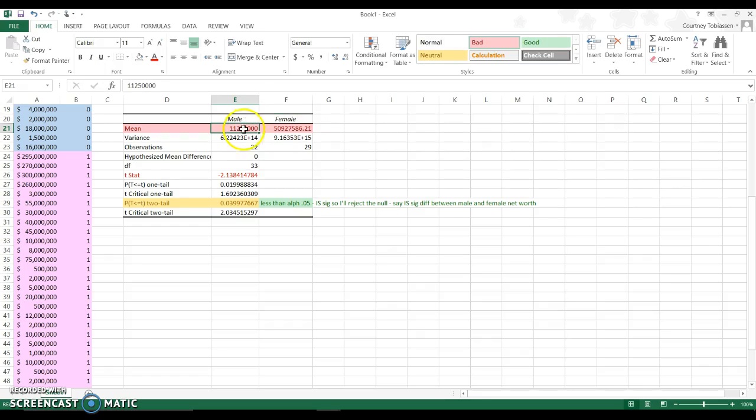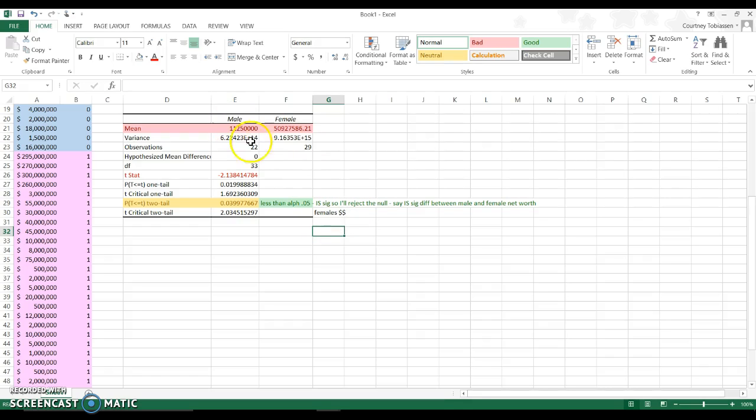Those are my two groups. In this case, females are higher because it's a larger number than the guys. So I can also say that not only is there a significant difference between the two, but females make more money, which is very exciting because usually we make less.